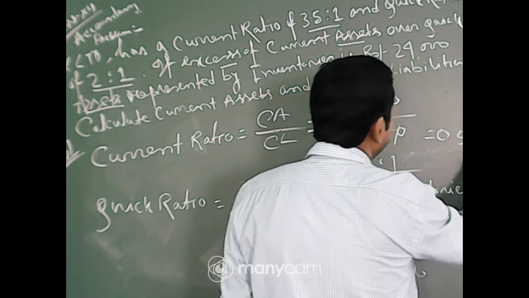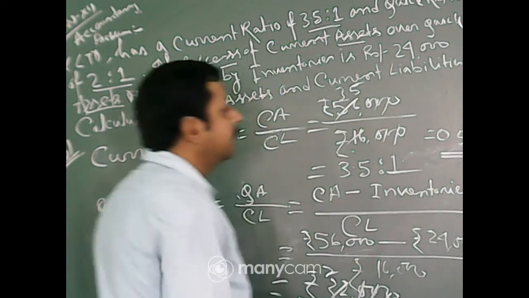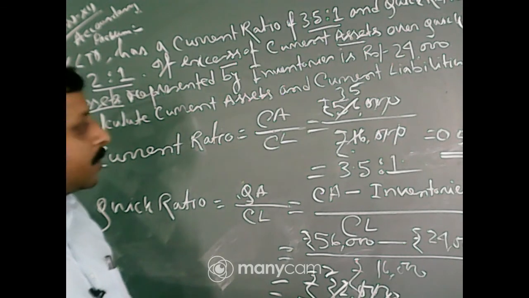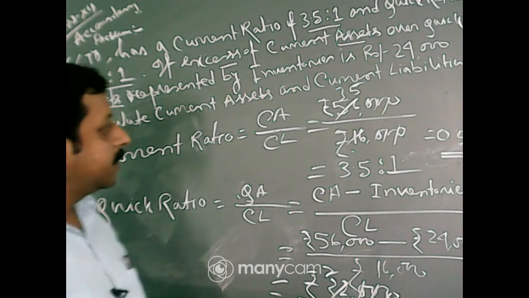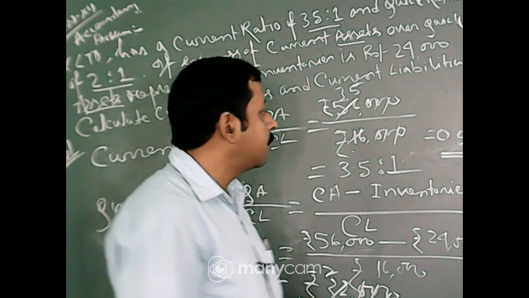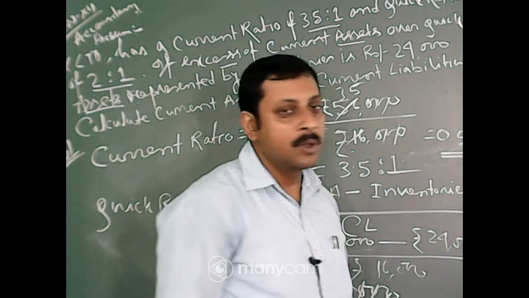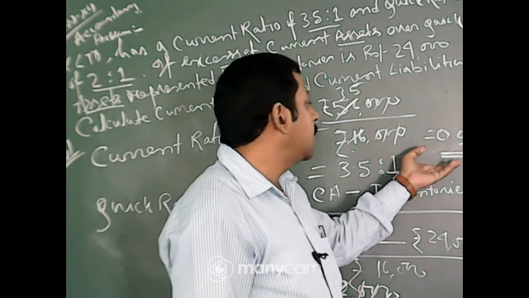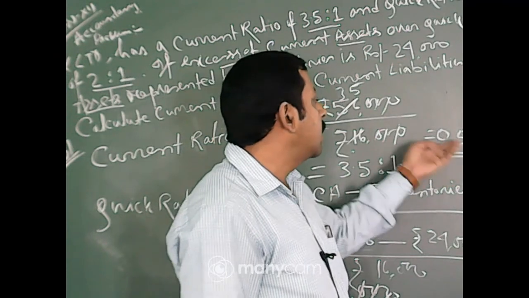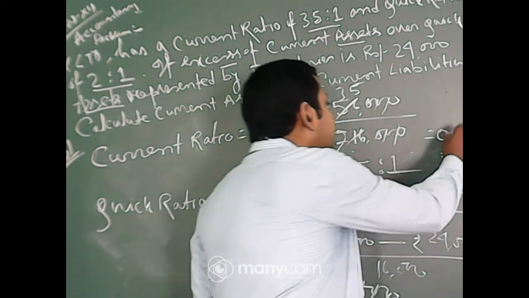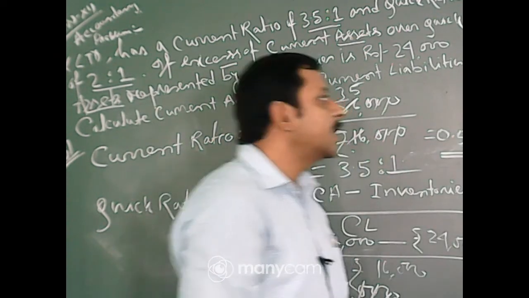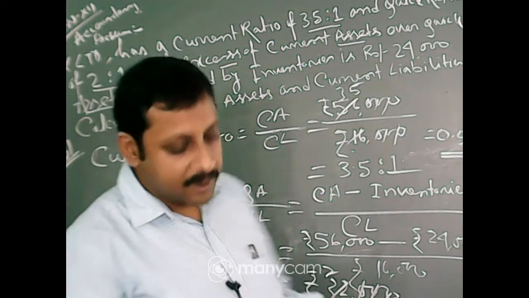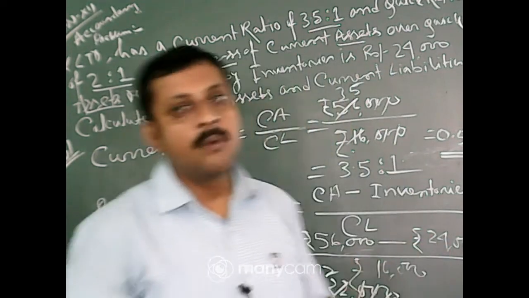If the ratio is like 0.5:1, that is the current ratio, then what will happen? The bank will not give you a short term loan, that is called bank overdraft or bank OD account, and creditors will not let you purchase on credit, because they will say that for 1 rupee of current liability, your current asset is very little, just 0.5. So you do not have enough working capital, because current asset and current liabilities denote the working capital.